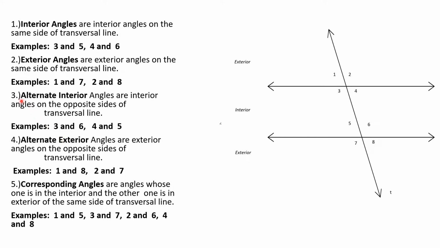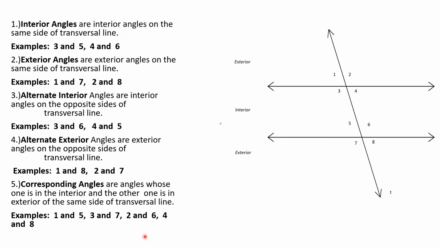Let's now proceed with our alternate interior angles. These are interior angles on the opposite sides of a transversal line. So we have here our interior angles, but then we're going to have these alternate interior angles.